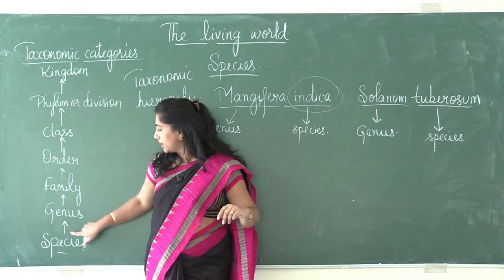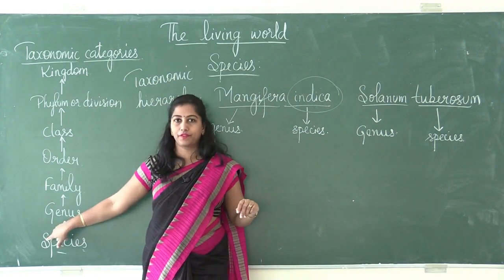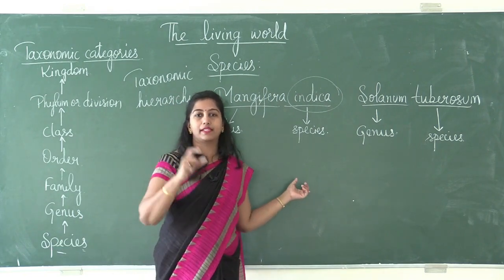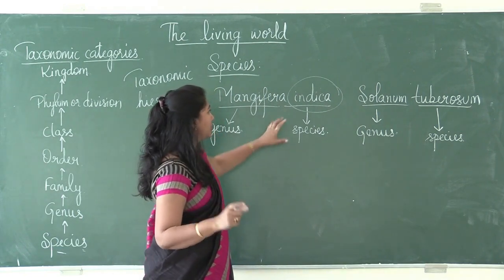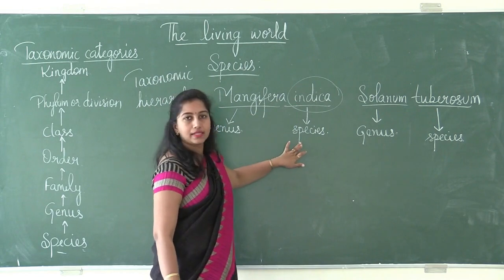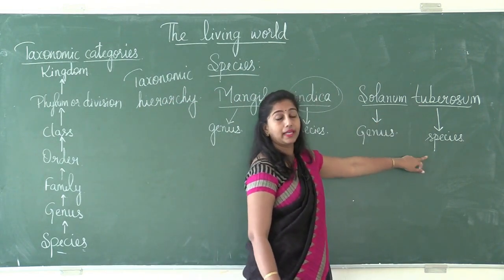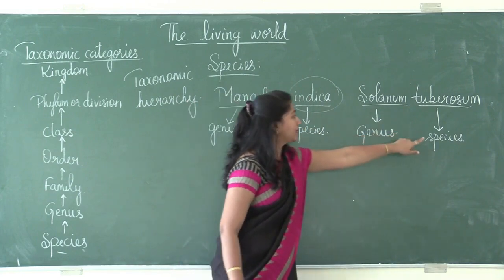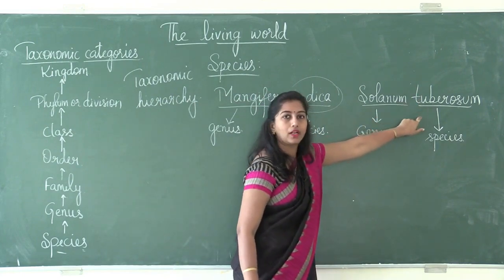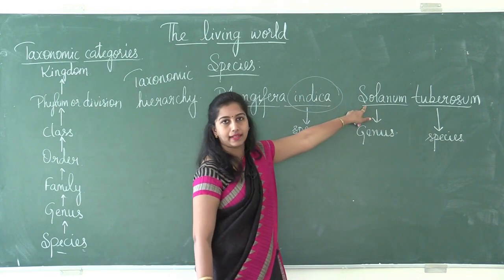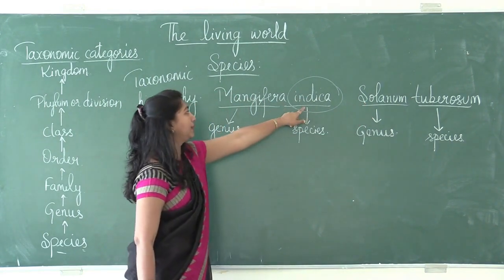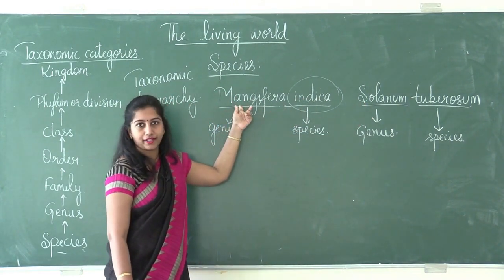Species forms, as I told, a basic unit of classification. Here indica is a species, here tuberosum is a species, and tuberosum belongs to the genus Solanum, whereas indica belongs to the genus Mangifera.